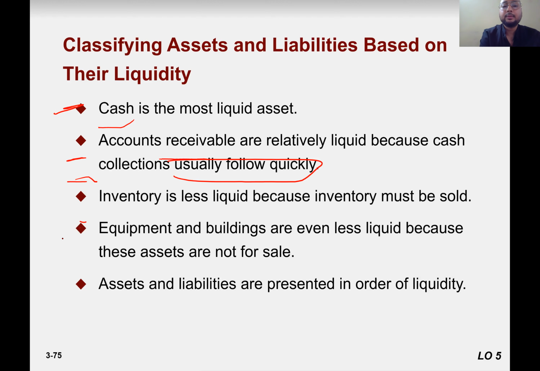And then we have long-term assets, which are equipment, building. These are even less liquid because it takes more time than inventory and accounts receivable to convert into cash, right? So in any statements, assets and liabilities are presented in order of liquidity. Like first we write down the current assets and then we write down long-term assets. In liabilities, we write down first current liabilities and then long-term liabilities.